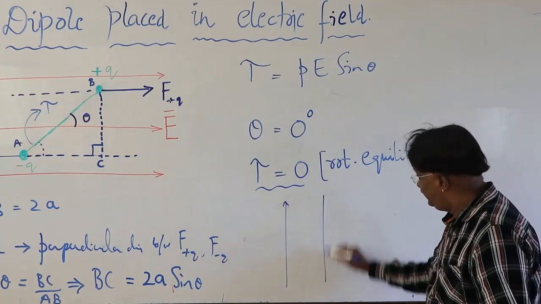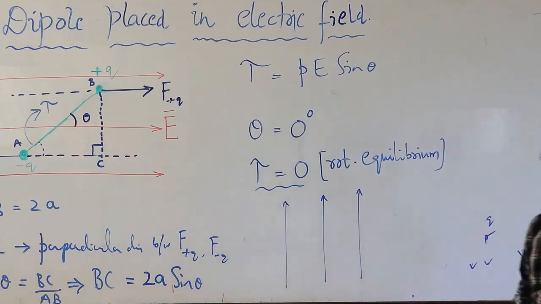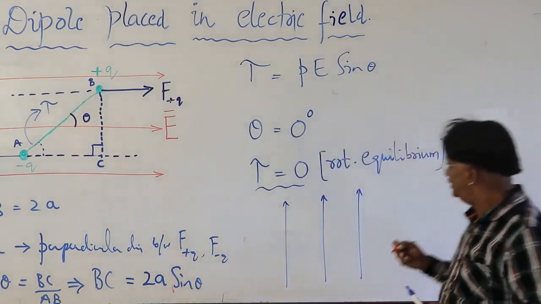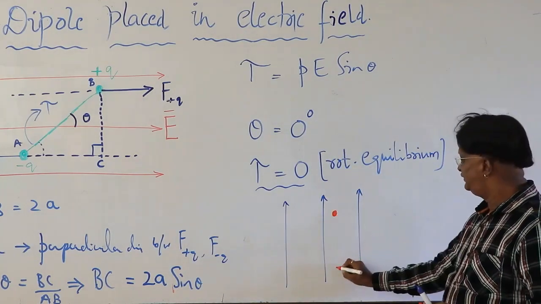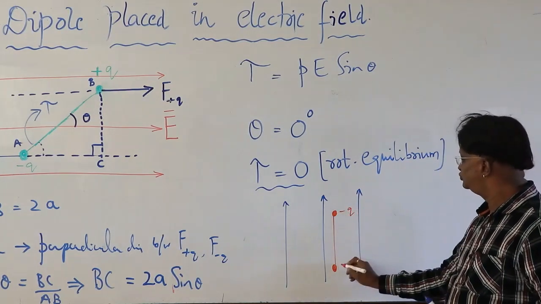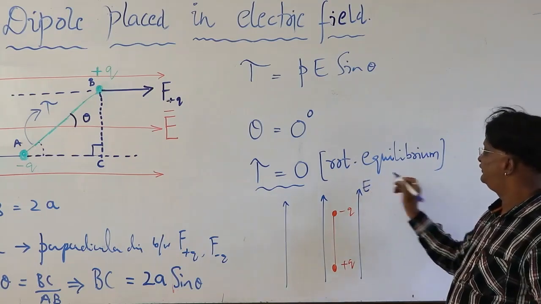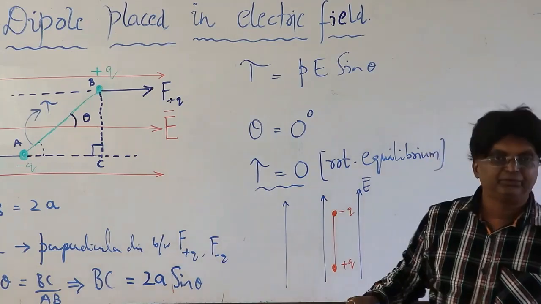You should write on your own, because I have already told you the meaning of theta, the angle between P bar and E bar. Suppose this is the dipole, minus Q and plus Q, and this is the field E bar. Now tell me whether theta is 0.